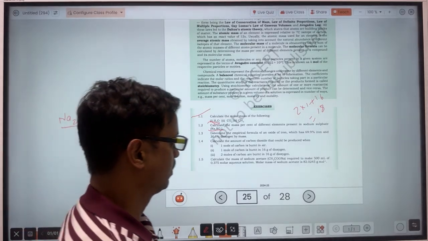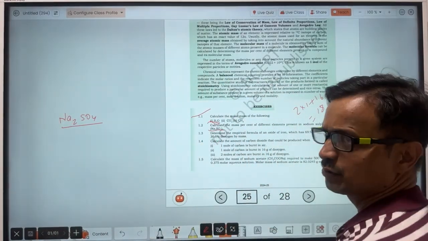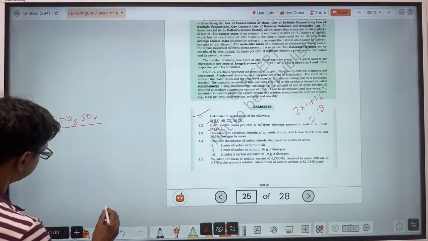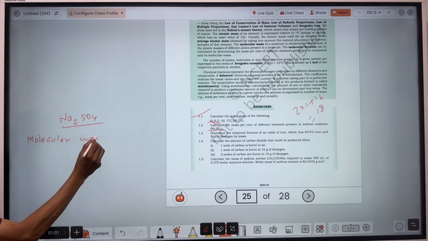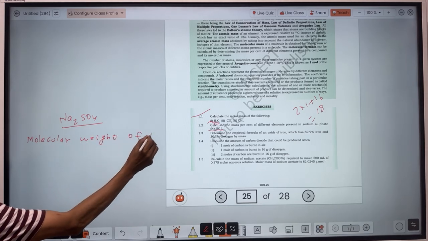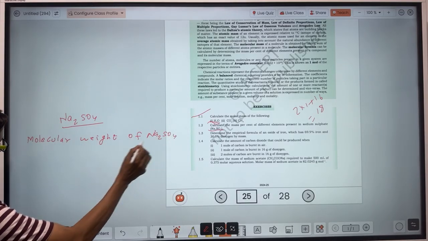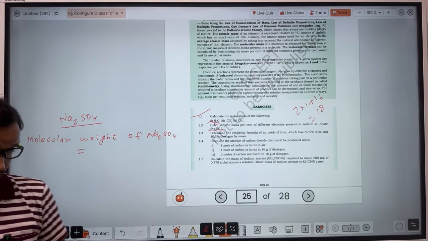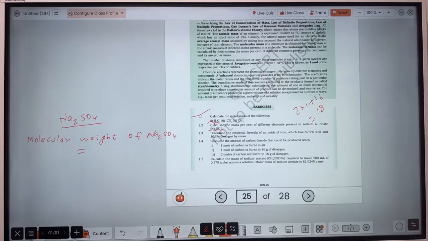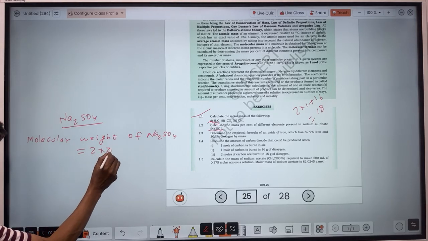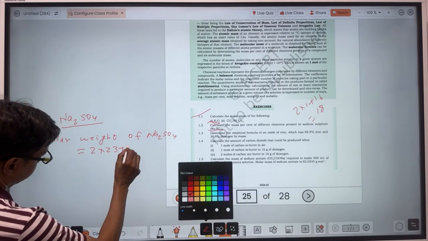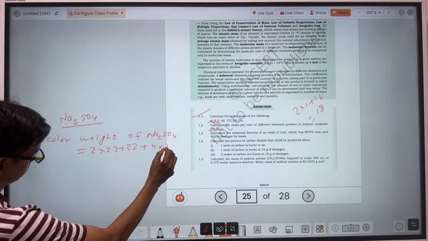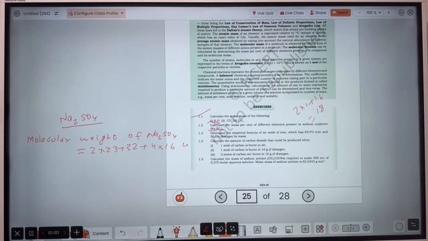Firstly, find out the molecular weight of Na2SO4. That will be how much? There is 2 sodium, so 2 into atomic weight of sodium is 23.